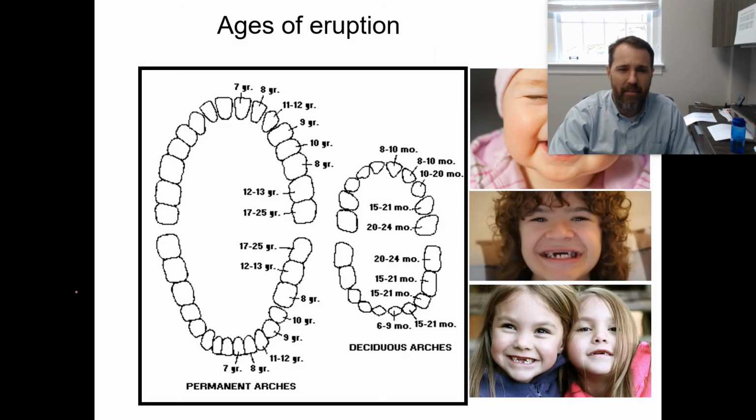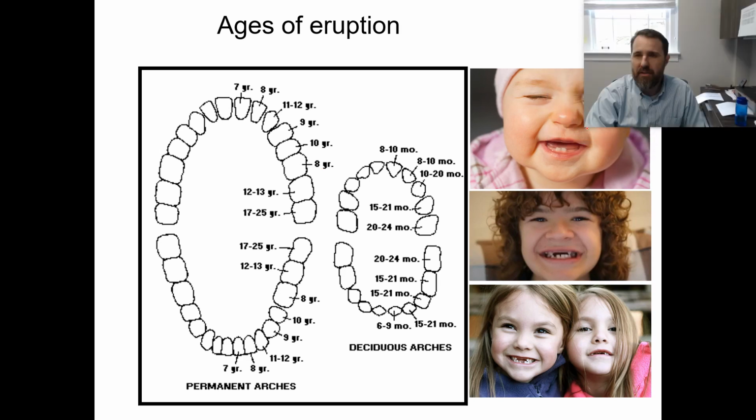And here's an image that gives you the general age of eruption, normal age of eruption for teeth, for baby teeth. And this is something that you need to generally know, although I'm not going to ask you about it and you're not going to be tested on it. But looking at a little baby like this, knowing that those little 2 vampire teeth right there on the bottom, those are the first ones that pop out.